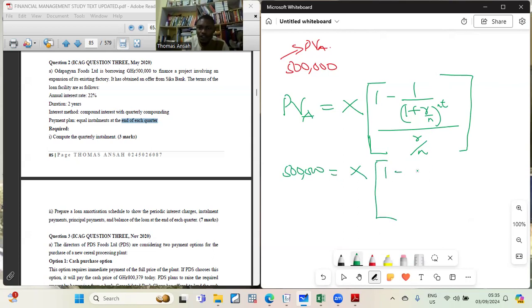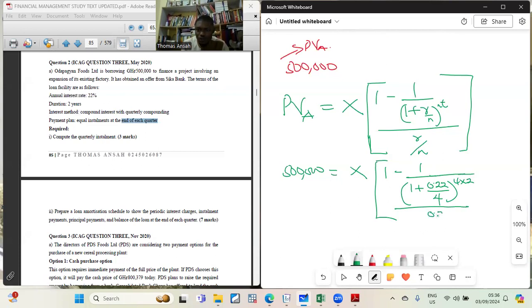All right, so 1 minus 1 over 1 plus, what is our rate? 0.22 over how many? N. So that is what we have. Then this side is being raised to the power of NT, which is 2 years. So 4 multiplied by 2 years.